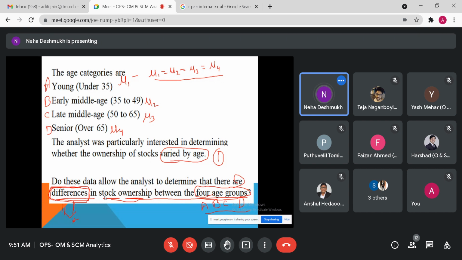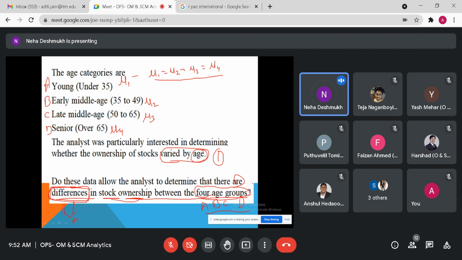Analysts want to check whether the ownership of stock varied by age, meaning is there any variation in the ownership of stock with respect to age. With respect to age means only one single variable. We have to check the variation with respect to a single variable. What does it mean? It is a one way ANOVA.